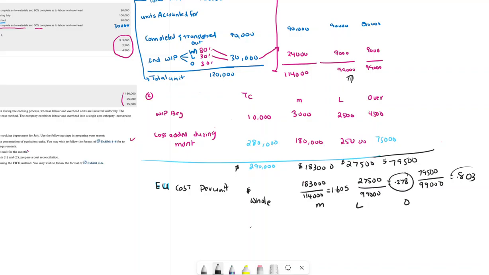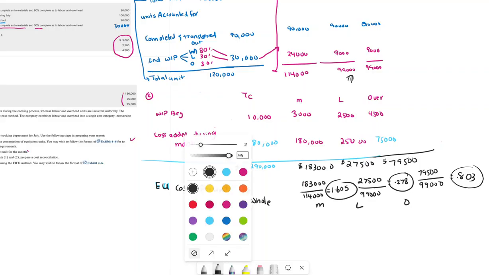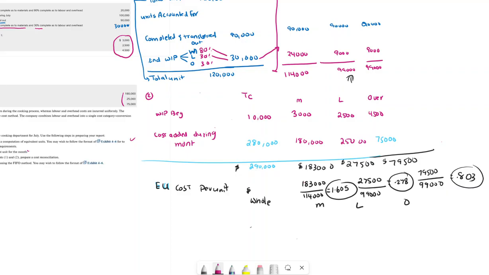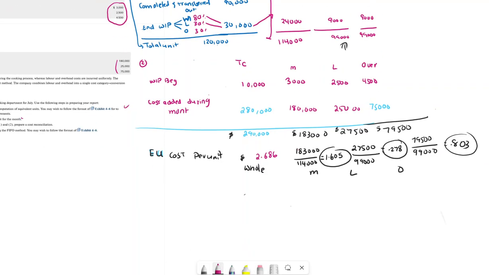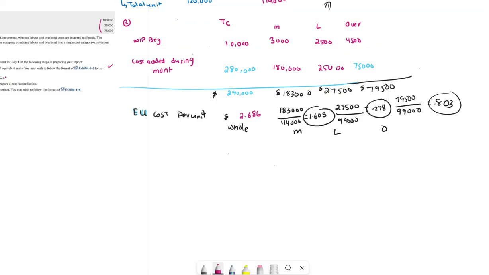If I add my 3 costs, material, labor, and overhead, it will give me the cost per whole unit, which is 2.686. So that's the first thing, equivalent unit cost. Now we're ready to do a reconciliation, and that's our next step, the cost to account for, and the cost that is accounted for.